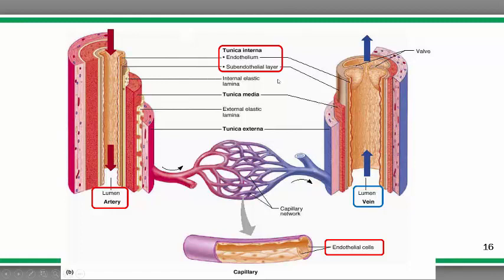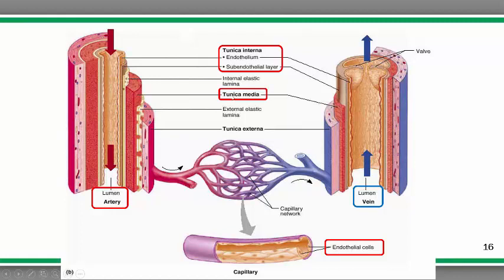The key feature of both of these major types of vessels is the endothelium, and this exists across the entire cardiovascular system. So that inner layer of veins and arteries is also the same tissue that lines the interior of the heart chambers.